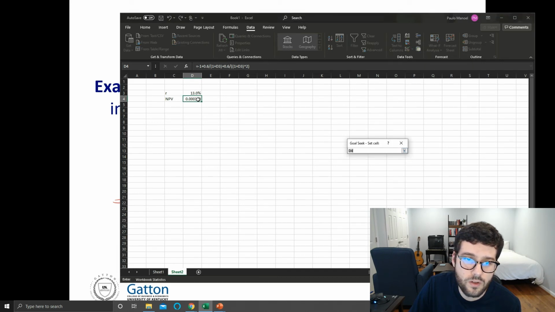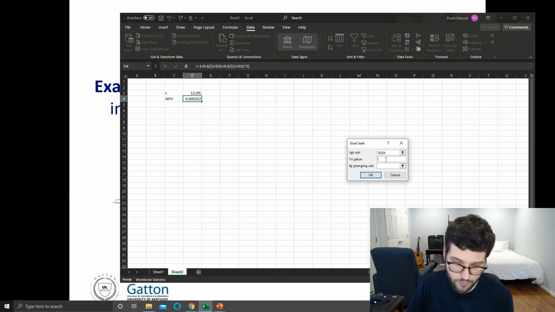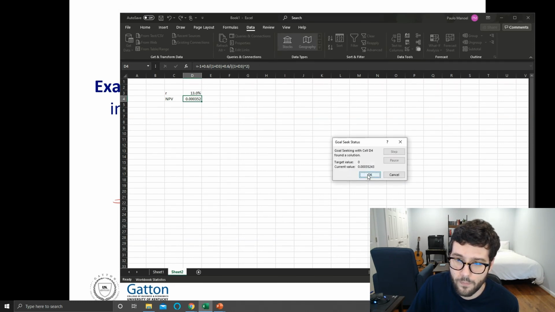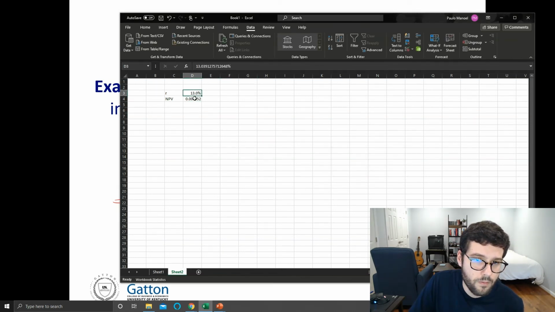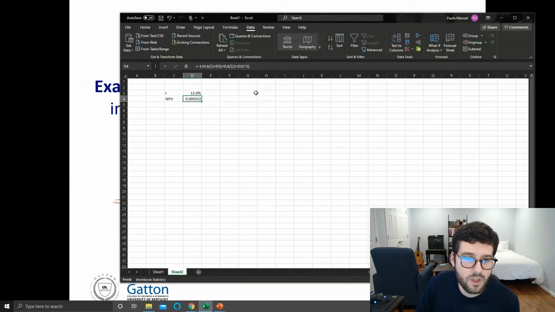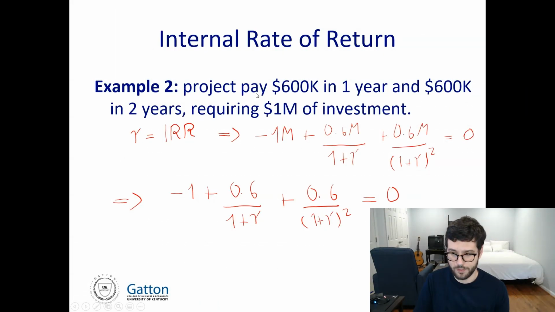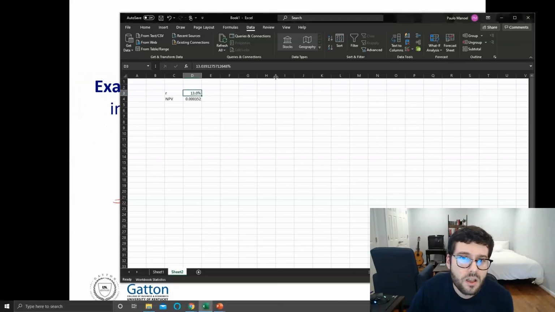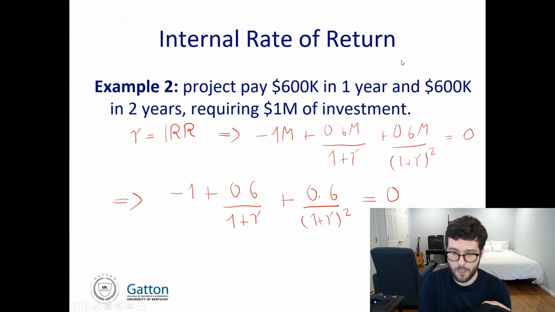So set cell NPV to the value of 0 by changing the cell R. Okay. So Goal Seek gave me an answer of around 13%.